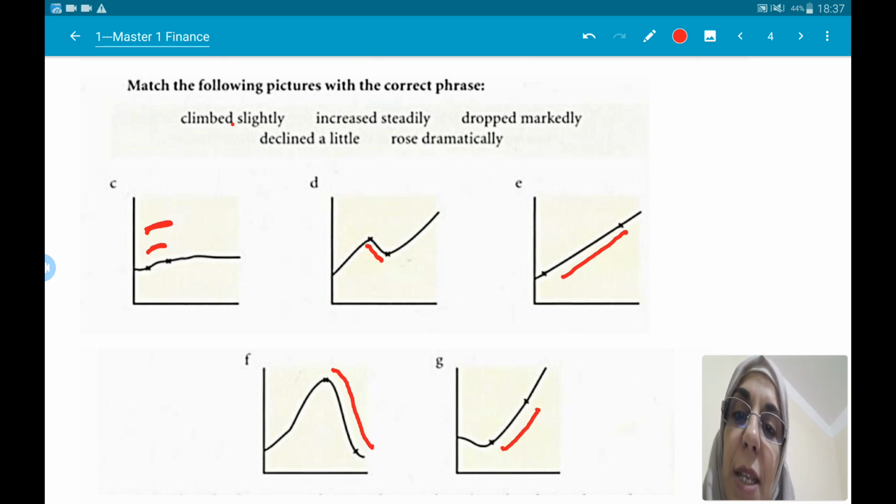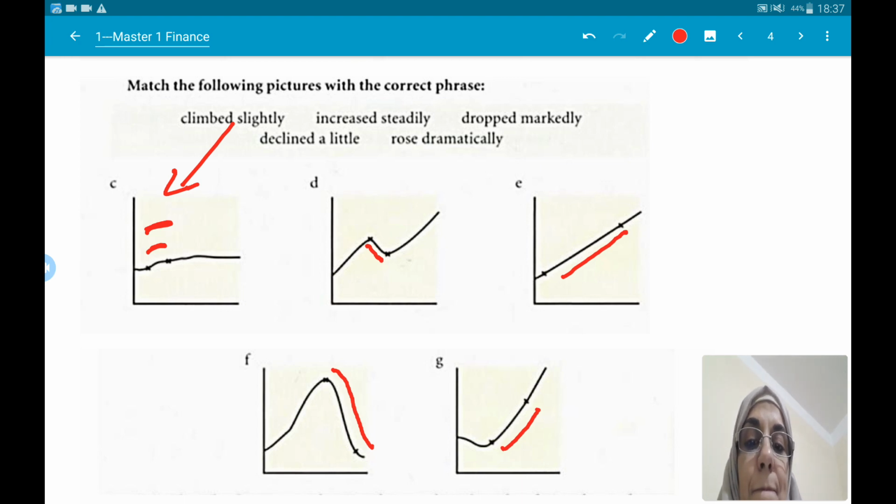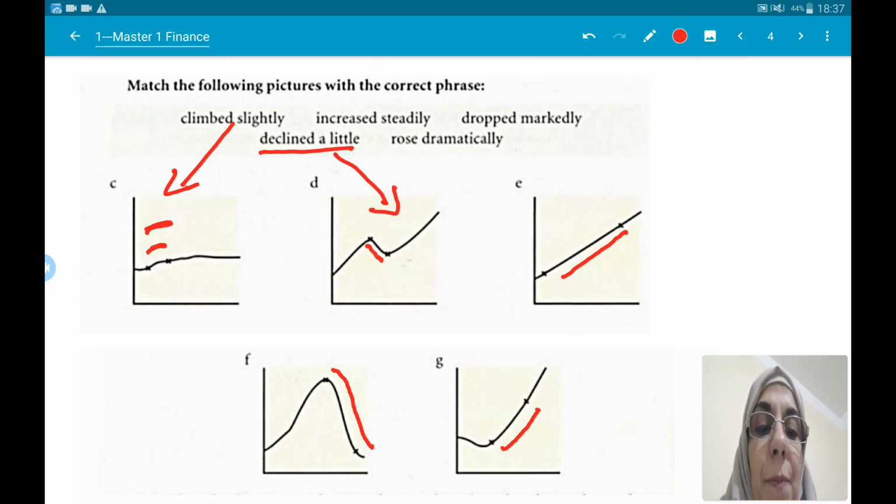So it is this, climbed slightly. Now D, here there is a downward movement from the top to the bottom, but how is this movement? It's a small decline, so it is declined a little. You see?